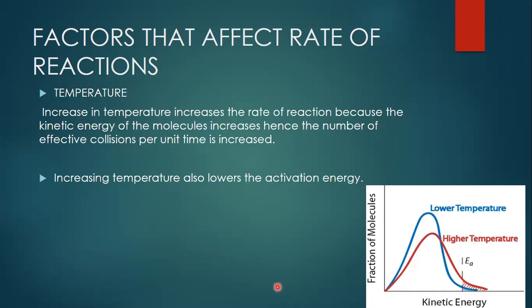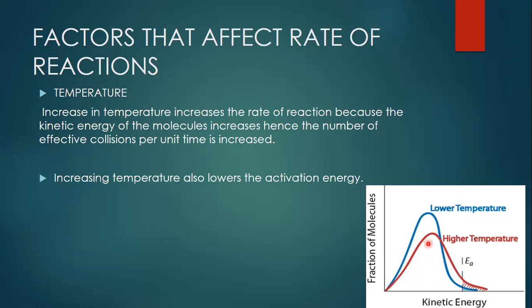Now on my graph here, I have two graphs drawn. So the first graph there with the red ink is a reaction with a higher temperature. Then the blue represents a reaction with a lower temperature. Now from the x-axis to the peak gives your activation energy.